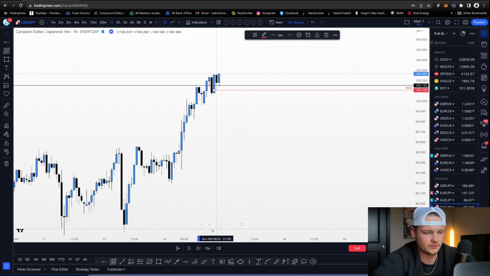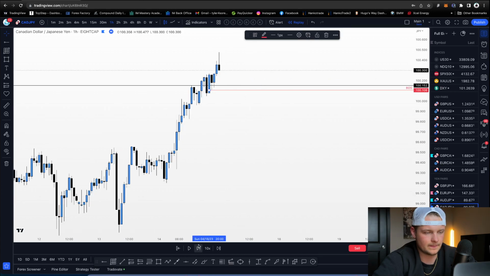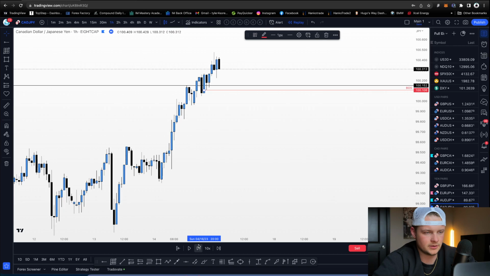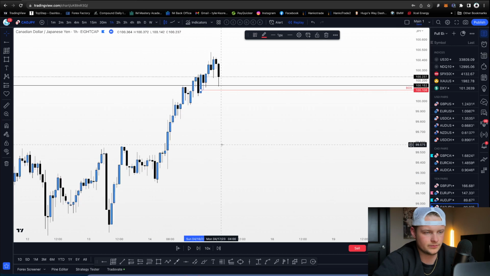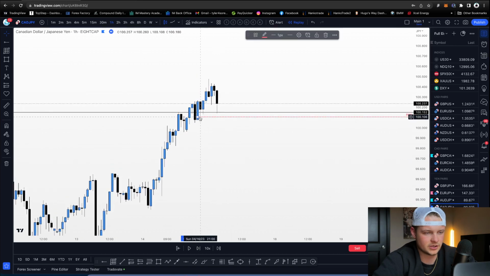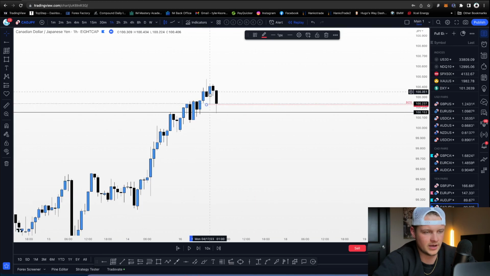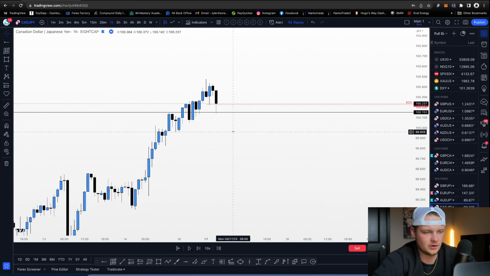So let's just look. And then the next break of structure would be right here, because down candle, and this was the very low of that sequence that it came. So break of structure would be here.